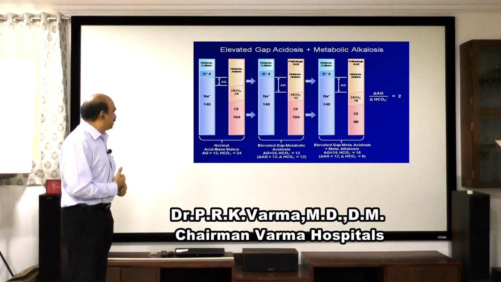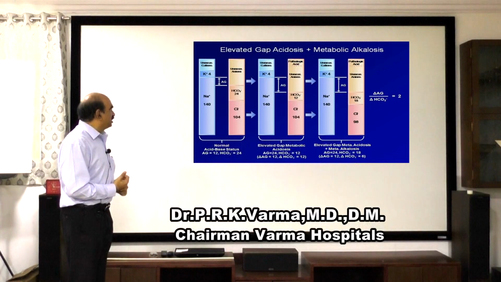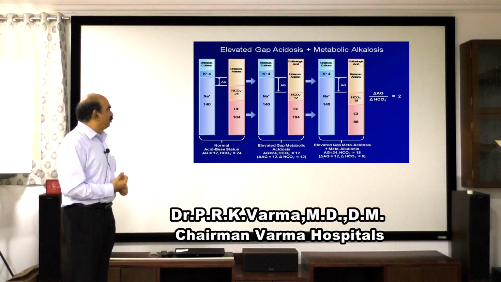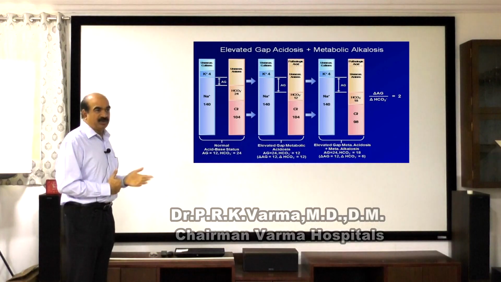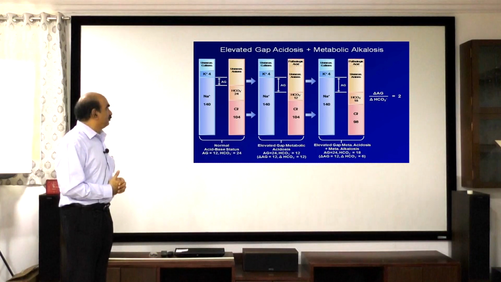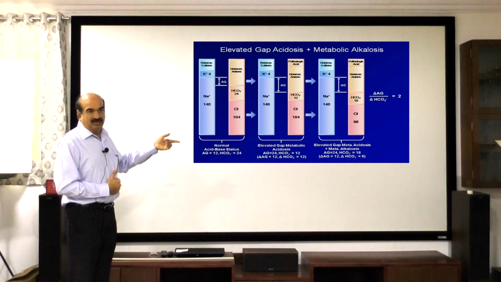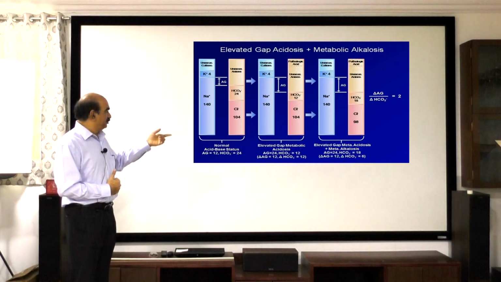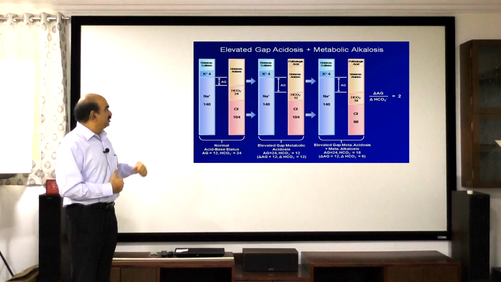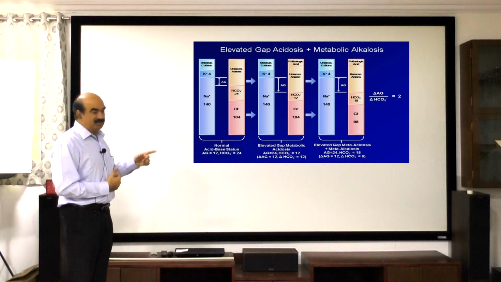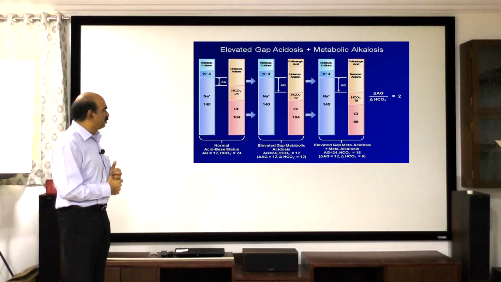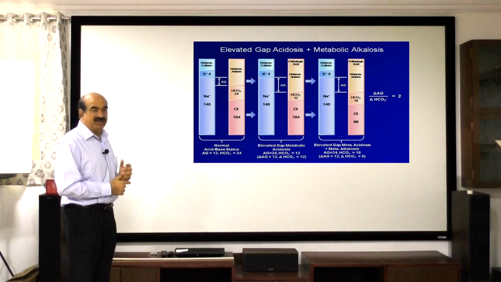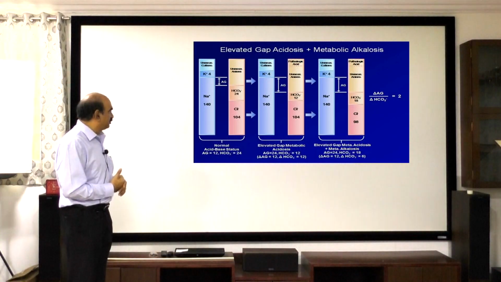To the last one, the third one, what is the anion gap? 140 minus 98 plus 18, sodium minus chloride plus bicarb. How much is the anion gap? 24. Bicarb is 18. So what is the delta anion gap? 24 minus 12, that is 12.